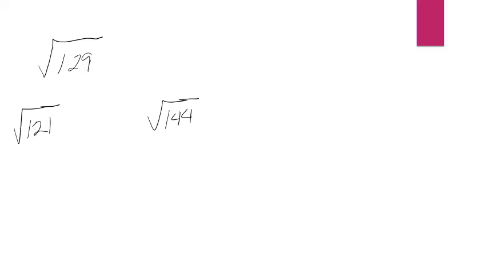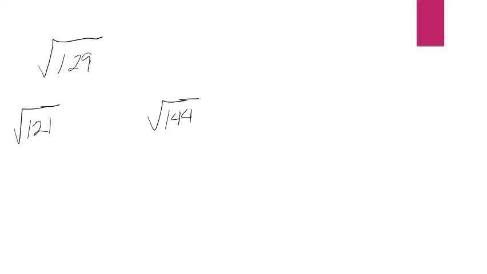We have some numbers that are not perfect squares or perfect cubes, and in that case, we need to learn how to estimate those problems. So let's look at the square root of 129. There is no square root of 129, but there is a square root of 121, and there is a square root of 144. Those are the two on each side of 129, below 129 and above 129.